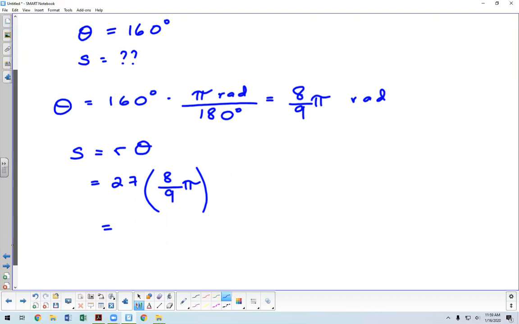So can you tell me what that answer comes out to be? To 2 decimal places, it's 75.40.